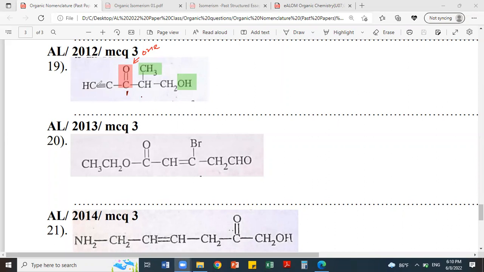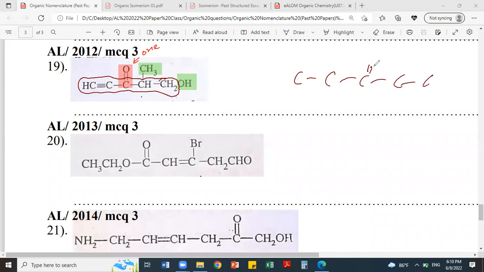The main chain, the longest chain, should include the functional group as well as any double bond or triple bond. Therefore, the longest chain will be this one. You have to start numbering the longest chain from one end. You can't start numbering from the middle, because in a ketone, the oxygen can be anywhere.